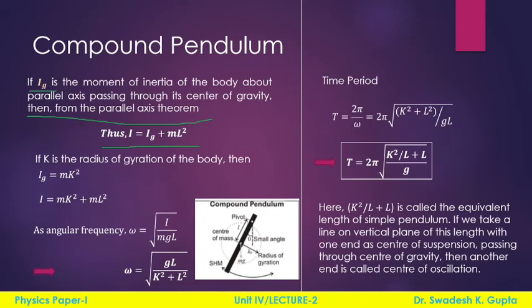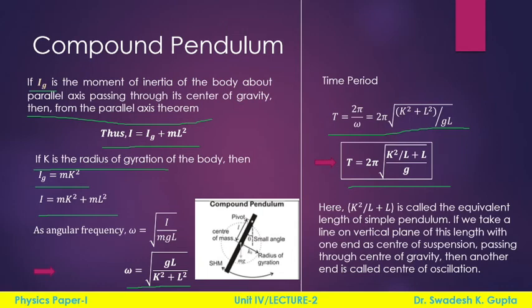This theorem you will also learn in unit 2, and if k is the radius of gyration of the body, then Ig will be equal to mk square. So now if we put Ig equal to mk square, then we have I equal to mk square plus ml square, and then putting the value of I, we will get the angular frequency omega like this, and the time period like this, and finally it will be here.